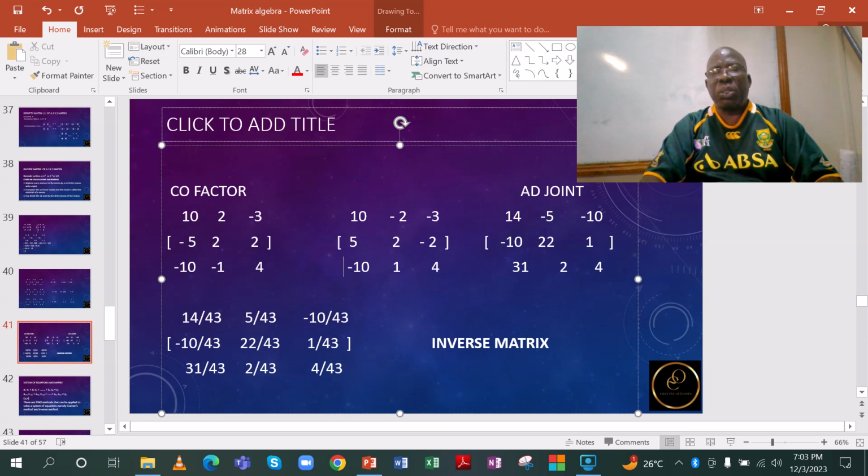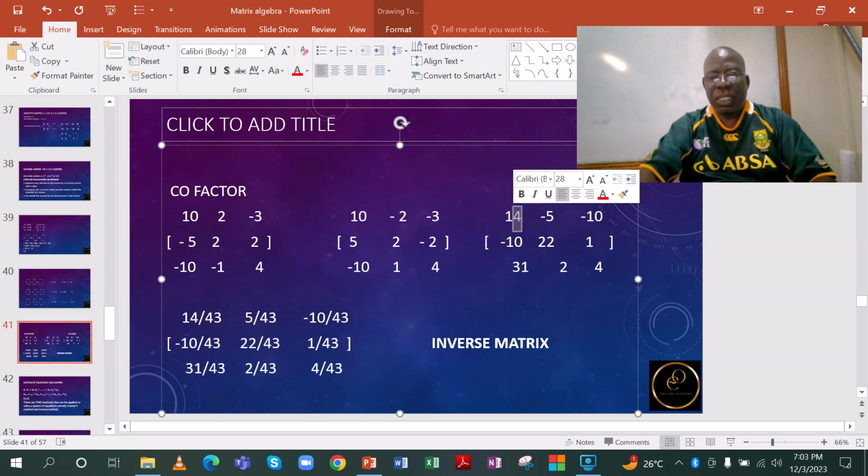So the next thing we do is we transpose these cofactors. So the row becomes a column. So this 10, negative 2, negative 3.